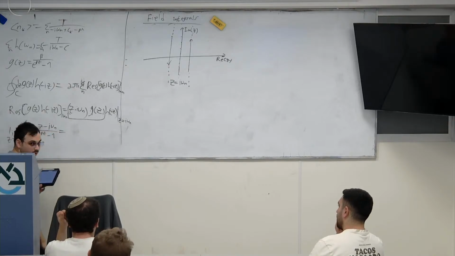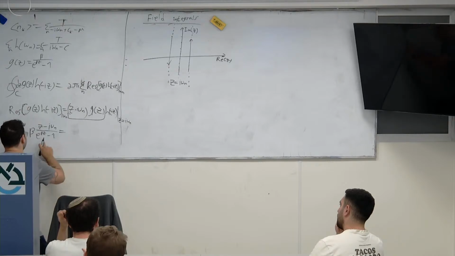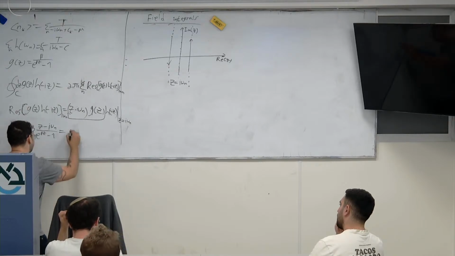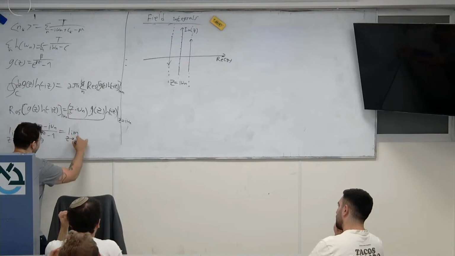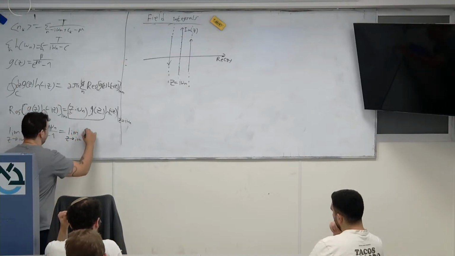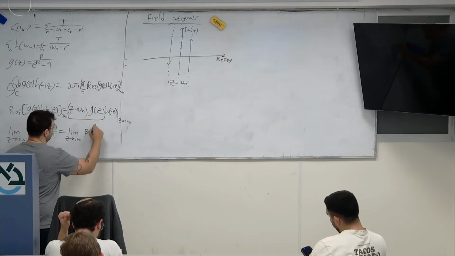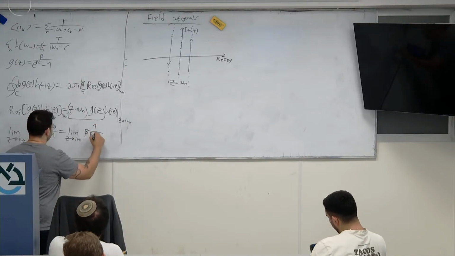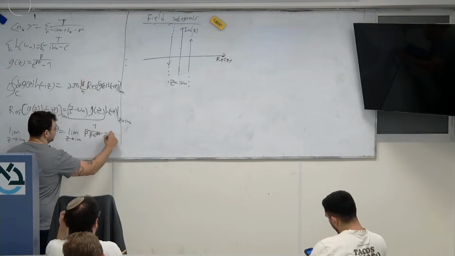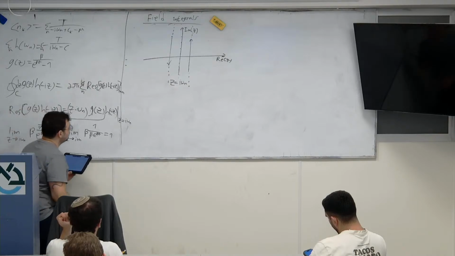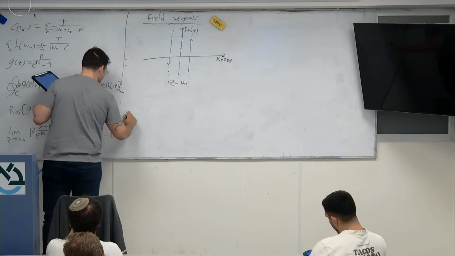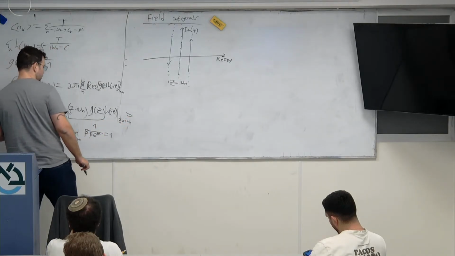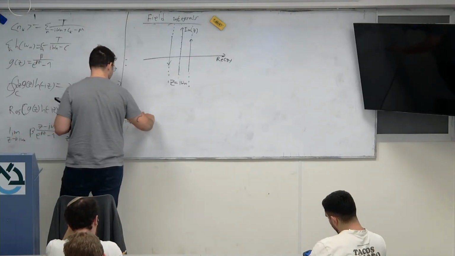Now we can use L'Hopital to take the derivative of both sides. The limit as z goes to i omega n of beta divided by beta e^(beta z), which equals 1. So this entire residue is equal to h(omega n).